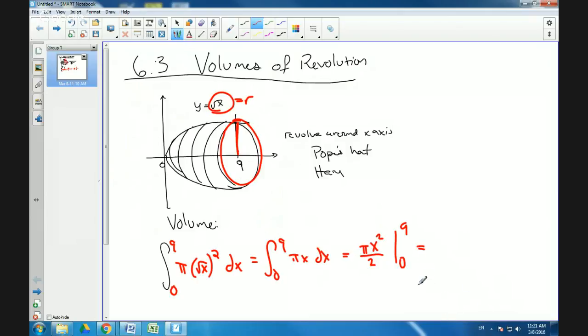That is 81 pi. Do I need to subtract the 0? No, because it's 0. Don't count on this being 0.